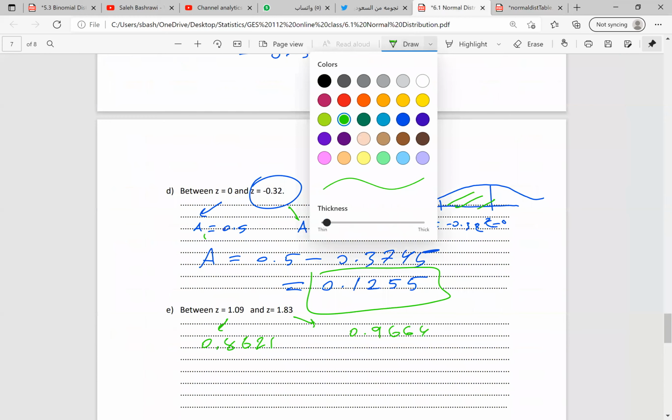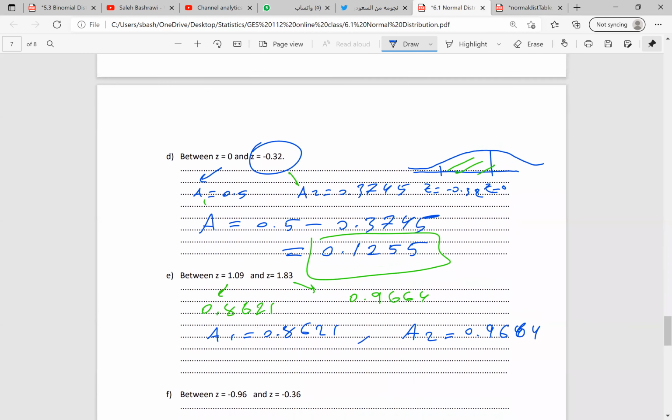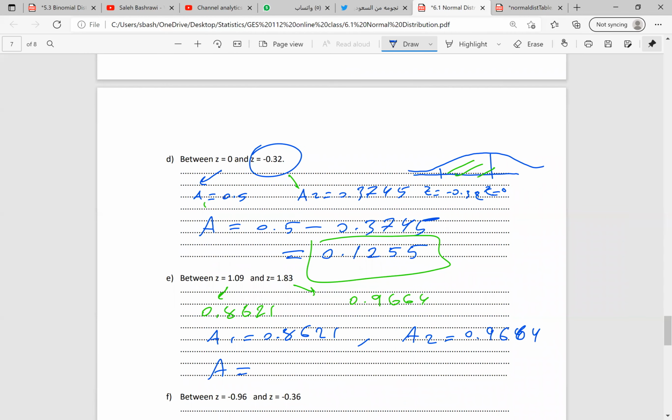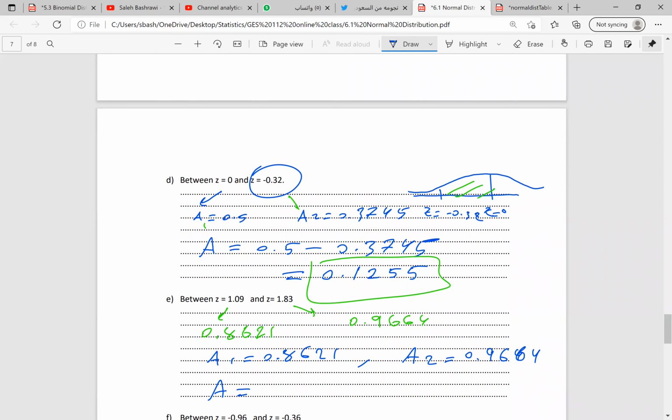First one, A1 equal to 0.8621, and A2 equal to 0.9664. The area will be just the difference between these two.